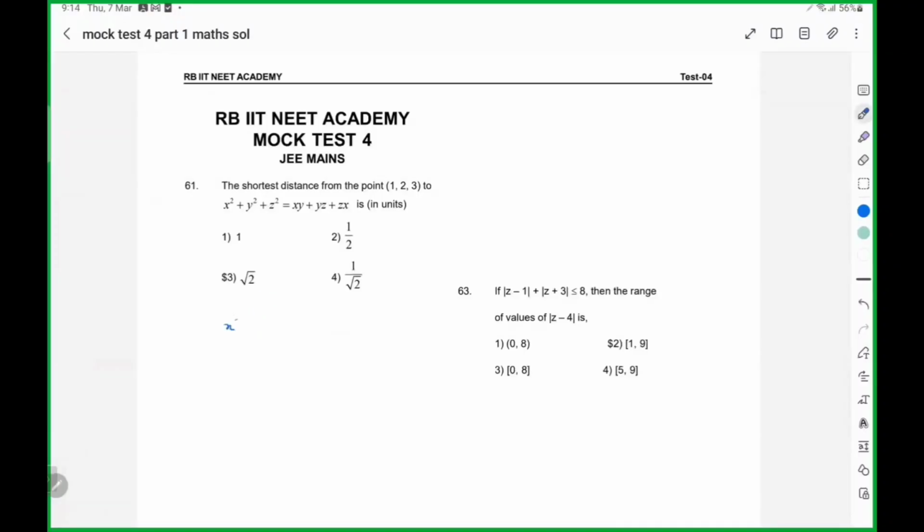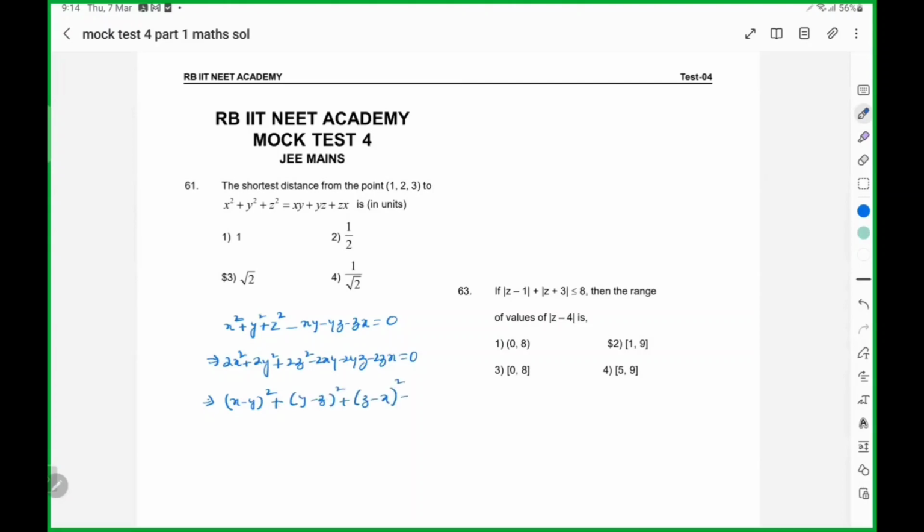So here he has given one equation, what does it represent? If you multiply with 2, you will get 2x² + 2y² + 2z² − 2xy − 2yz − 2zx, which I can write as (x − y)² + (y − z)² + (z − x)².